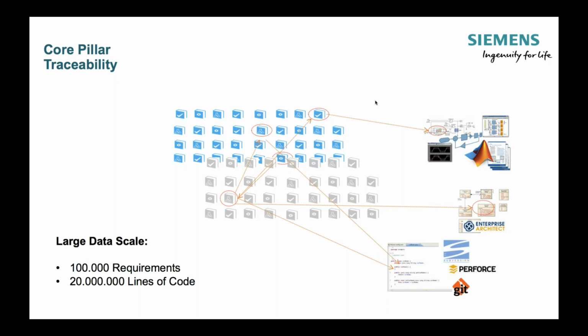You can export some test cases, execute them outside of Polarian, and then import the data back. You can connect to the Git repository for the source code or to the SVN, and you can also manage your diagrams for the system level design in Enterprise Architect, and also move data back and forward. So it's a quite open system, and inside it allows to do the connection between the items.